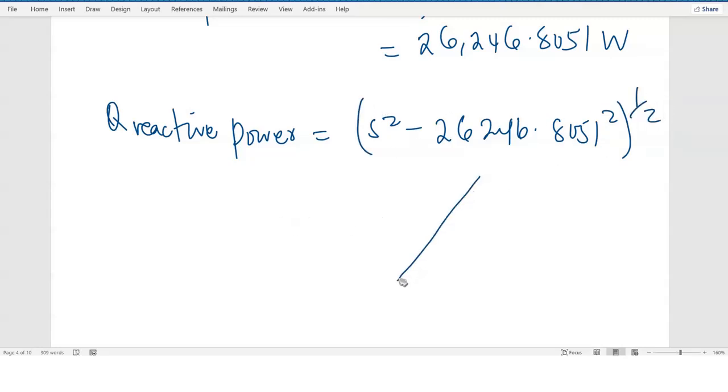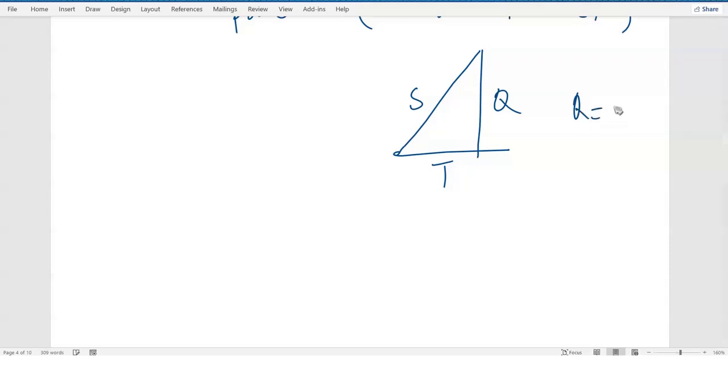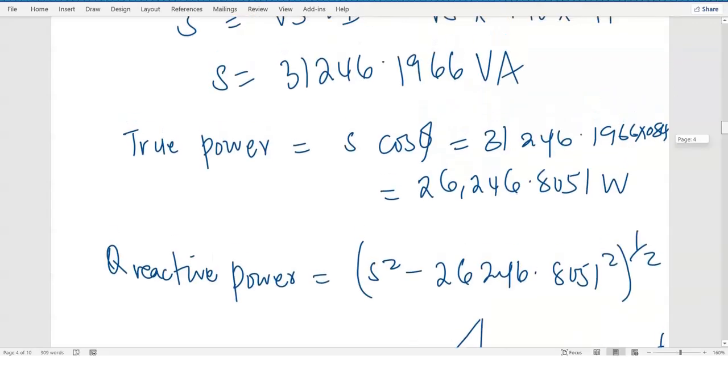Remember, this is coming from the power triangle. If I have S and I have the true power, then for me to get the reactive power, I can say this is the square root of S squared minus P squared. So what is the reactive power?